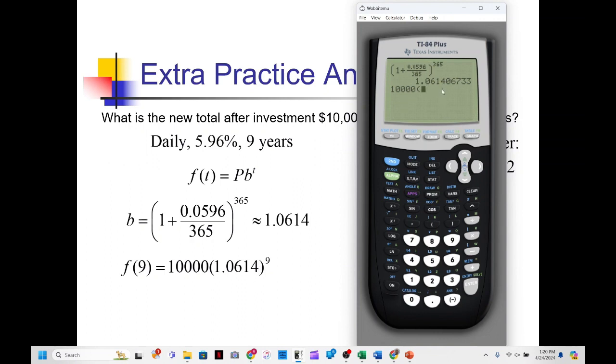Most of the time it won't make a difference, but every now and then it's going to change my answer by a cent or two, and I want to be really accurate because my winner could just be winning by 1 cent. So I'll up arrow to that, press enter, close my parentheses, raise that to the 9th power, and press enter.